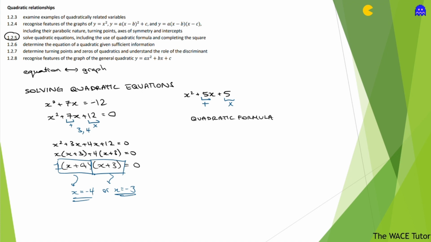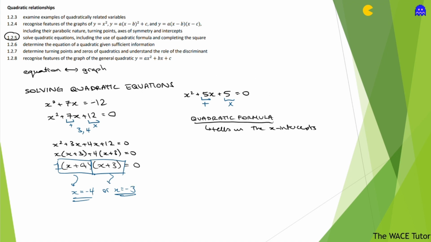All right. And what the quadratic formula tells us is the x-intercepts. More specifically, in the case of trying to solve a quadratic equal to 0, like here, what the quadratic formula will tell us are these values here: the x equals minus 4 and the x equals minus 3.